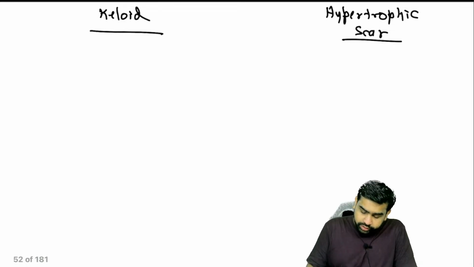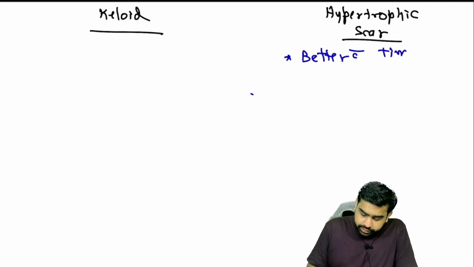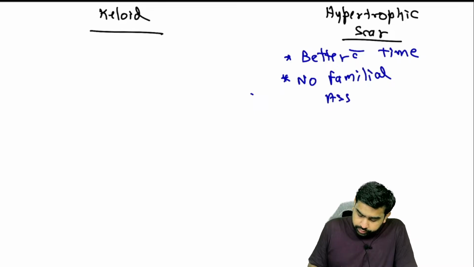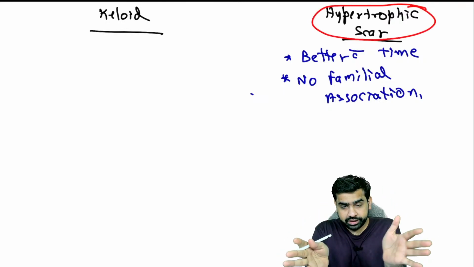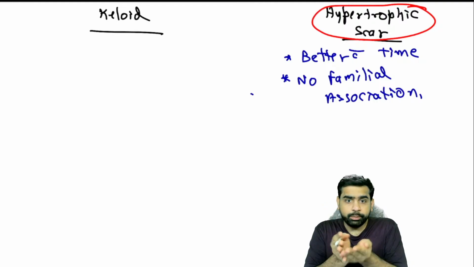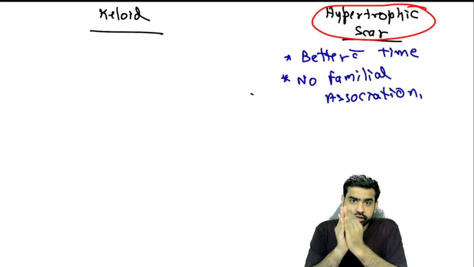Now what about the keloid and the hypertrophic scar? A couple of things about the hypertrophic scar: it tends to get better with time. It has no familial association. And we all know the definitions. If the growth of that scar is well within the boundary of the scar, that is called a hypertrophic scar.